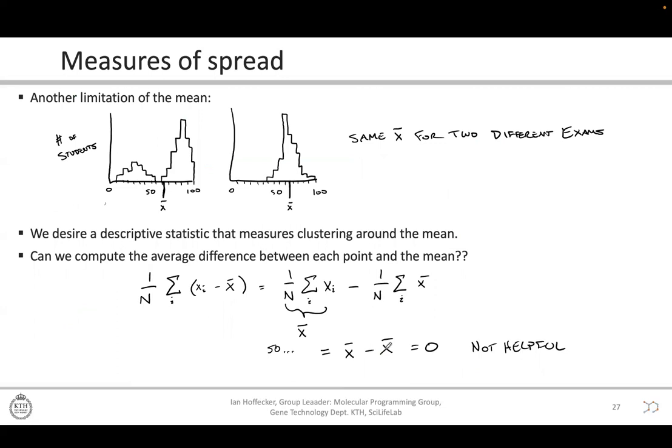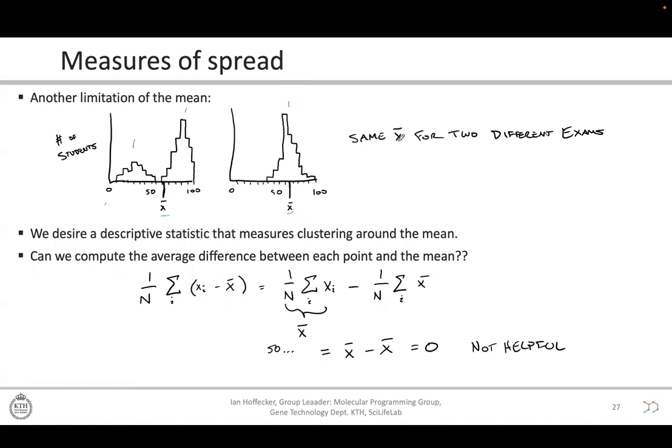So that's measures of central tendency, but we have some limitations there as well. Another limitation of the mean happens in bimodal distributions. Let's say we have two data sets here, one that's got these two peaks and one that's got only a single peak. It might be, in this case, that the mean is actually the same for both of them, around 60.